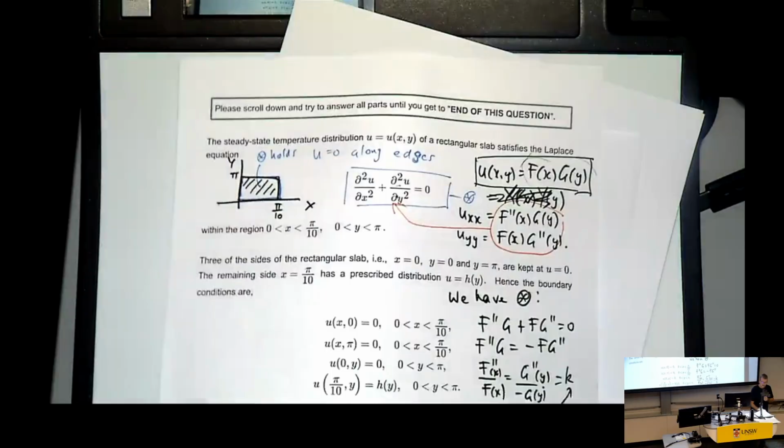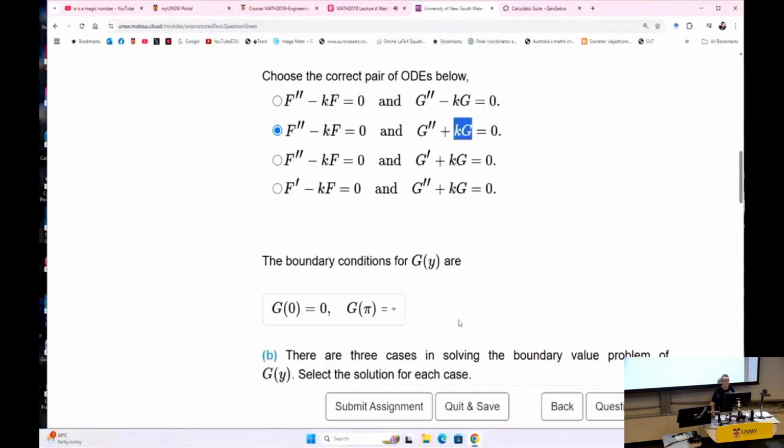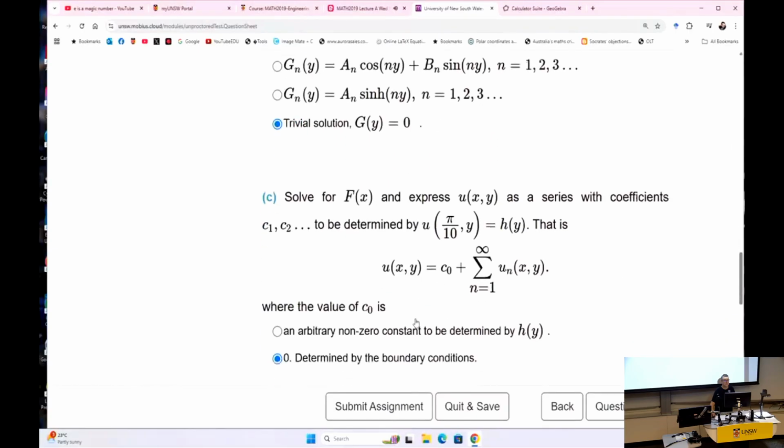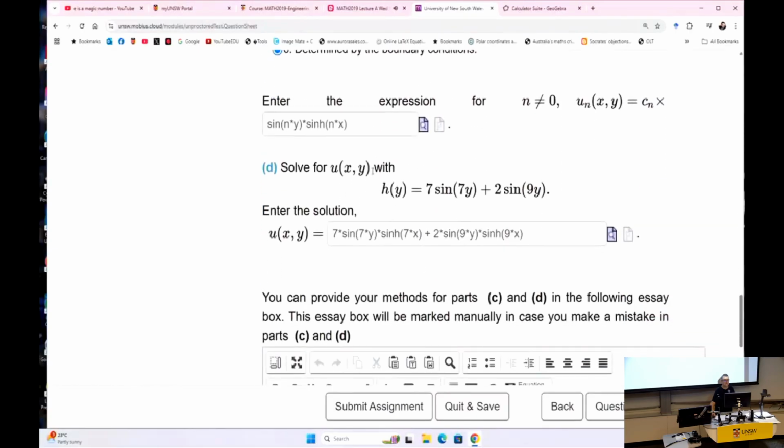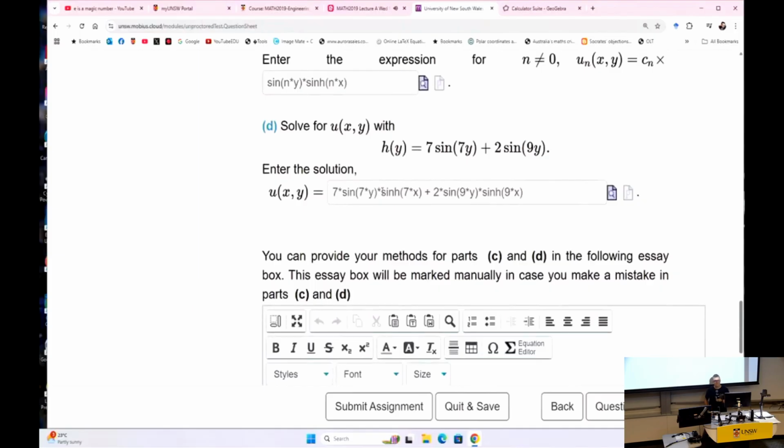Well, if we go over here, the very last part of the question is finding the Cns.